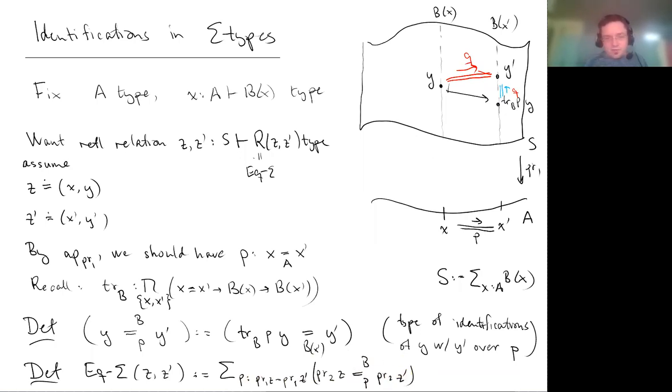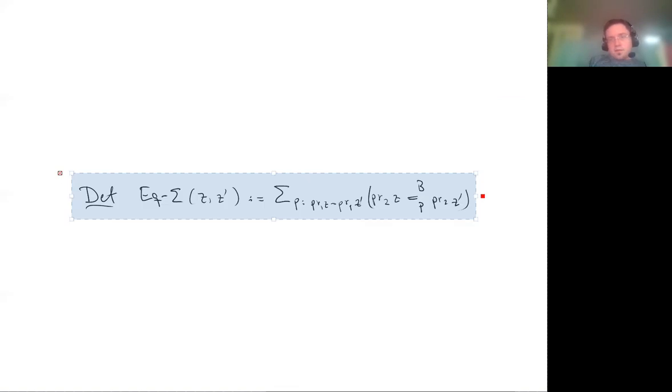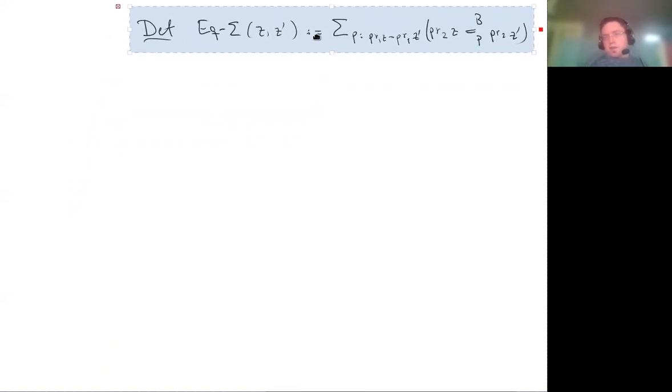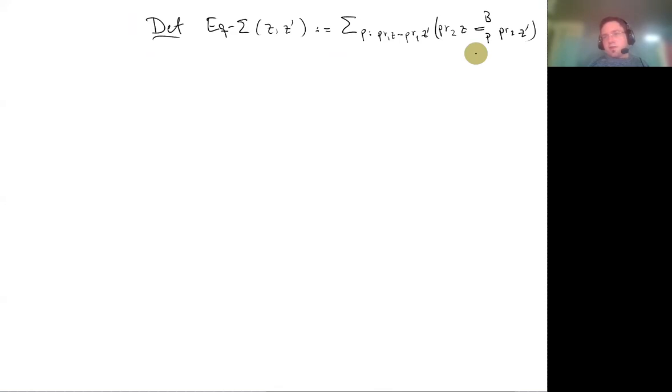Okay, let me copy that over. Here we go. This is our definition, and this parenthesis is judgmentally equal to transport in B along p of the second projection identifies with the second projection of z prime.